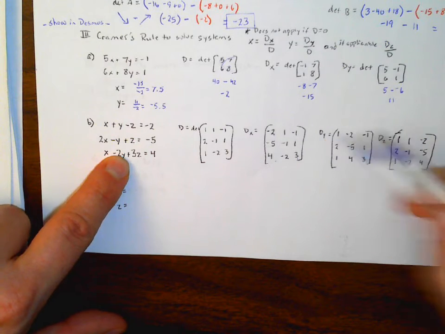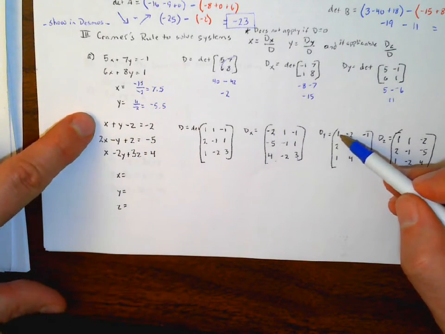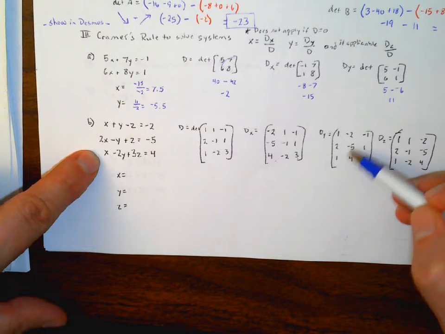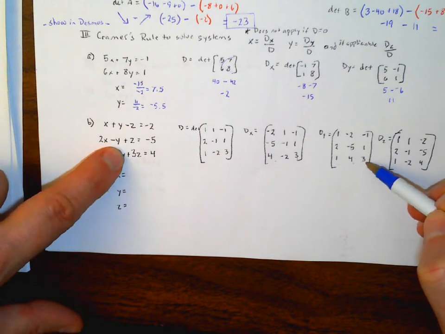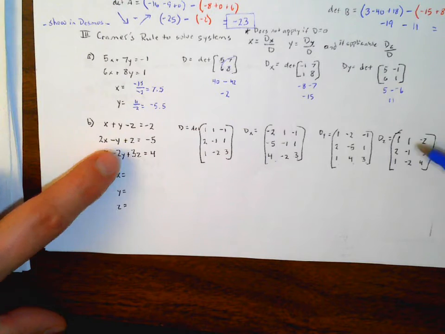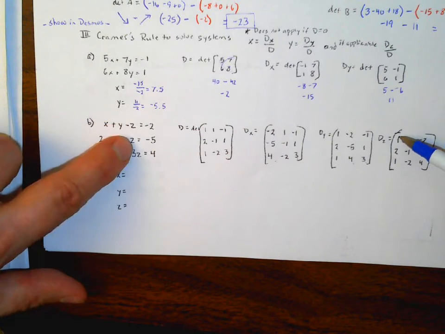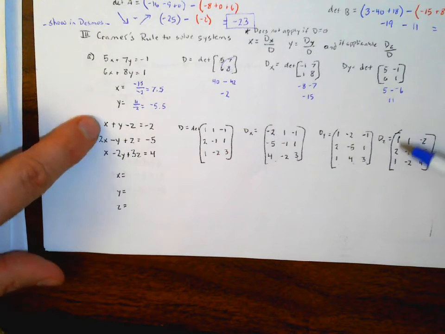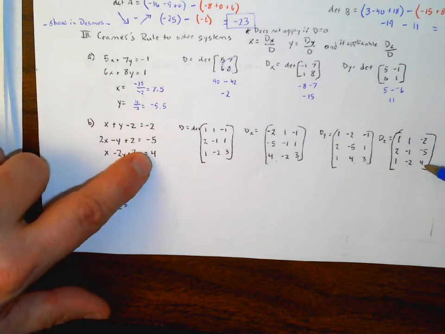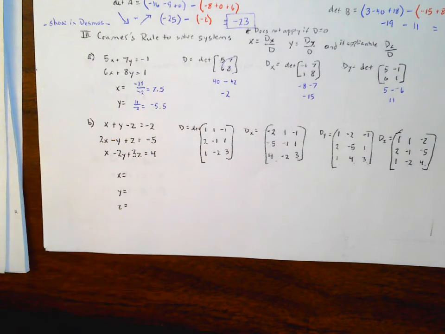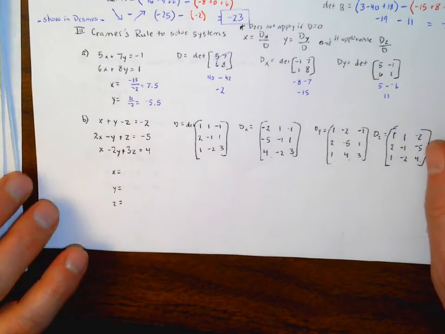Dy would be your x's, your constants, and then your z's. And Dz, since we were solving for the z's, would be your x's, your y's, and then your constants. So we have to find the determinant of all these numbers.